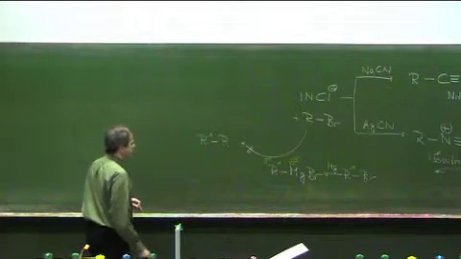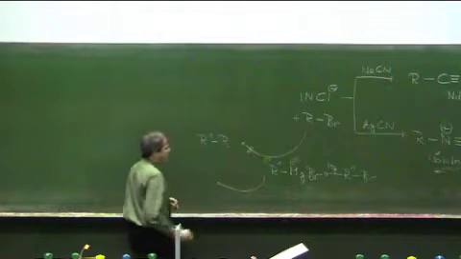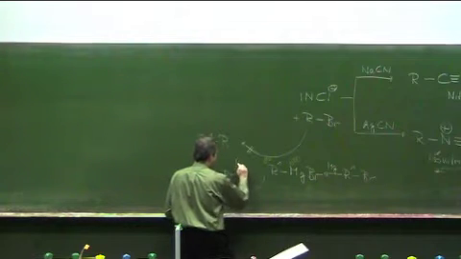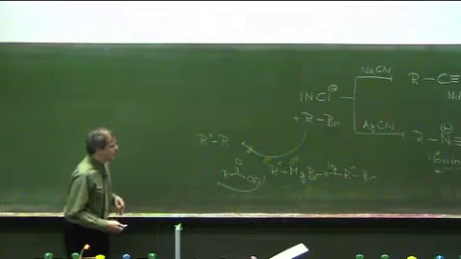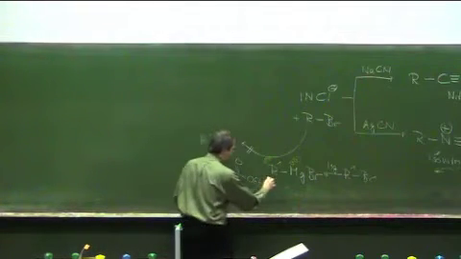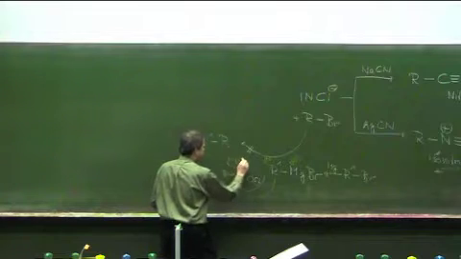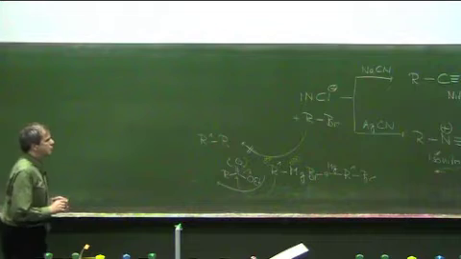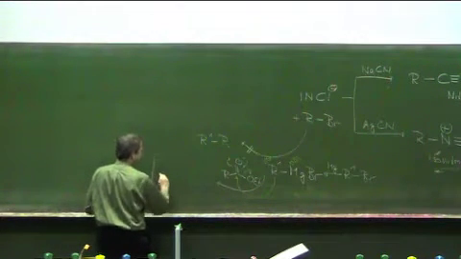On the other hand, if you look at other substrates like carbonyl compounds, let's take an ester, a Grignard reagent will very rapidly add to the carbonyl compound.